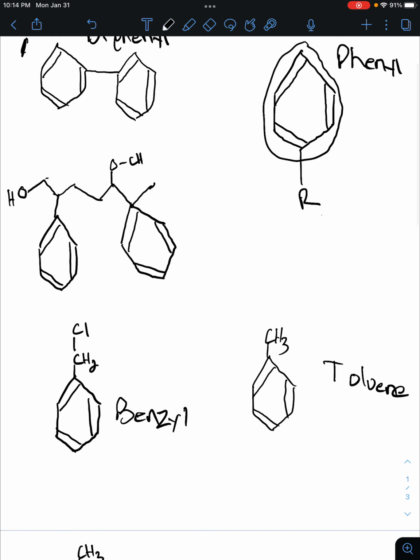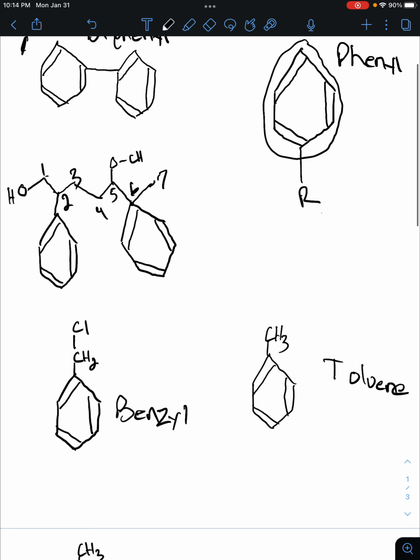So how would you name this group here? Well, you will start with the highest ranking group first and the longest chain in the group. So you would start here naming 1, 2, 3, 4, 5, 6, and 7. So we know this will be some type of heptene. And since it has an alcohol on the end, this is going to be a heptenol.